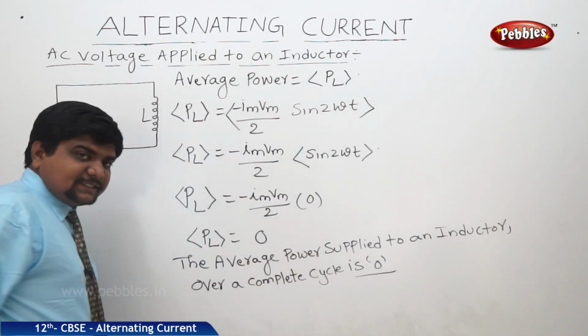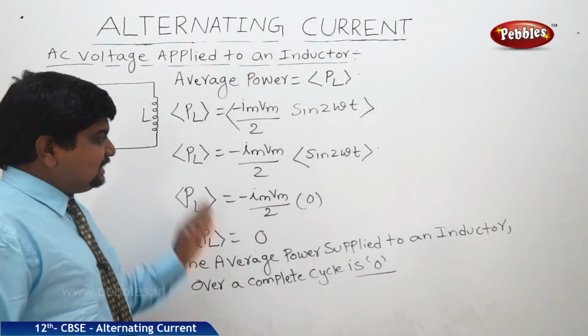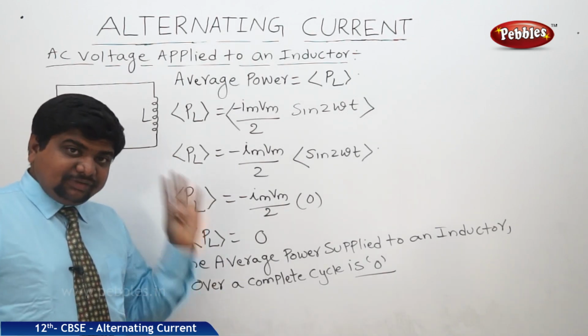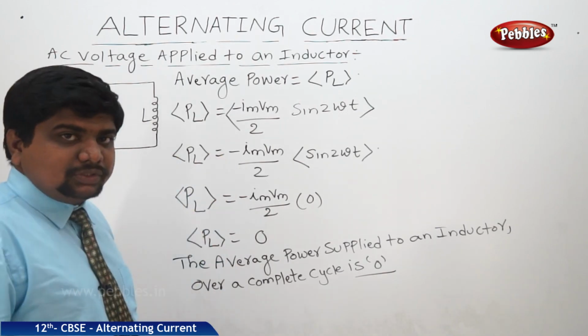We got the result. So, this is the information about the average power, phasor diagram and its solutions.